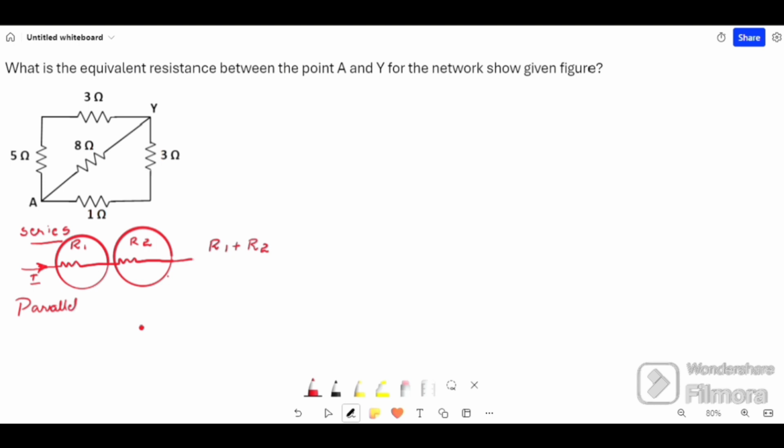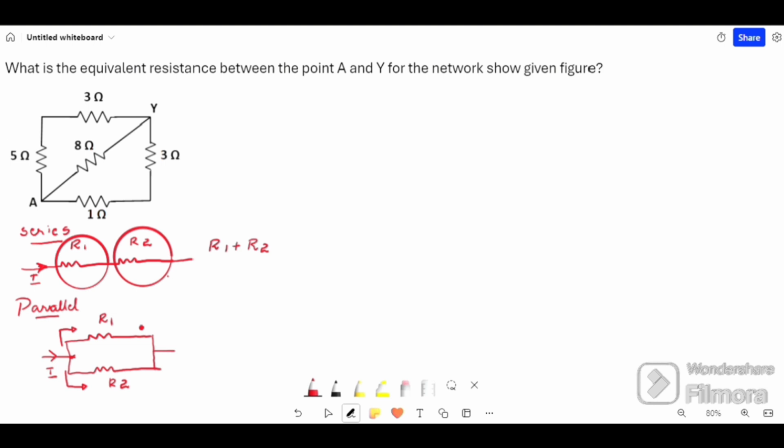Now, we will discuss parallel connection. To understand or identify that resistors are connected in parallel, let us consider a network with resistors R1 and R2 as shown, where current I flows in this network. When current I reaches the point here, it will have two paths as shown.